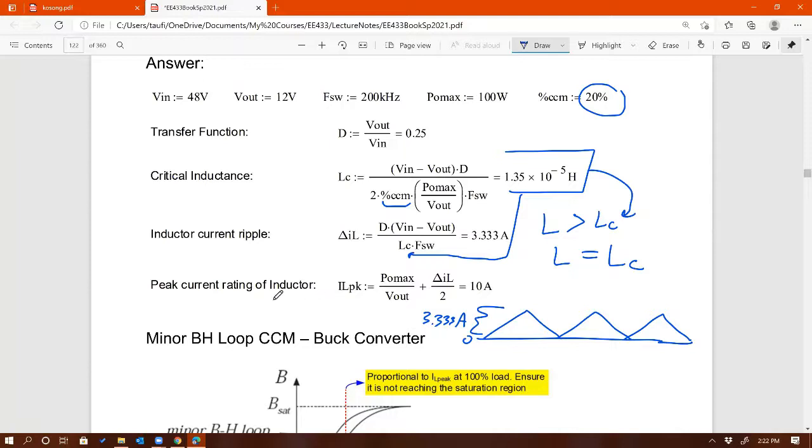And then the peak of the inductor current should be equal to I out max plus delta IL over 2. So this happens at the worst case scenario, right? The other extreme. If you keep increasing the output current, then this triangle waveform, this is IL, by the way, right? This IL is going to go up, right? It's going to shift up until it stops at the maximum output power, right there.